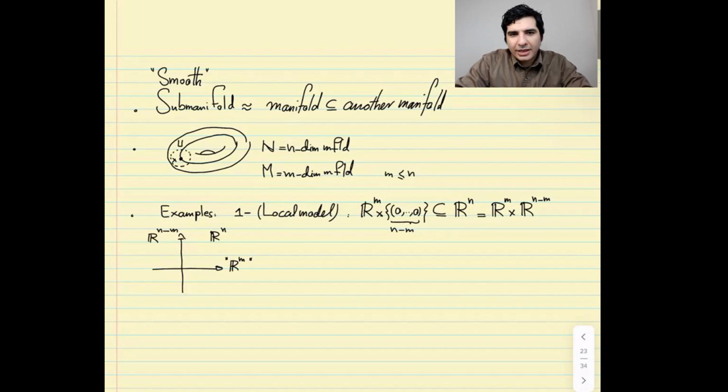In the sense that any point x you pick in our schematic picture on M, if you pick a very small neighborhood of that point x inside N, it should be diffeomorphic to a neighborhood of, say, 0 in R^n.